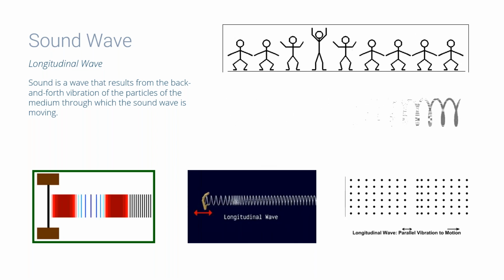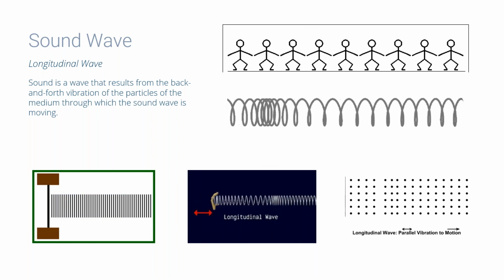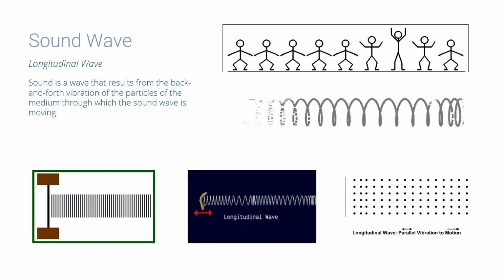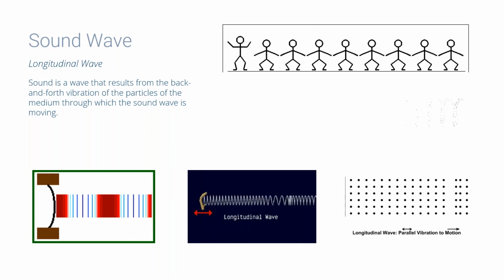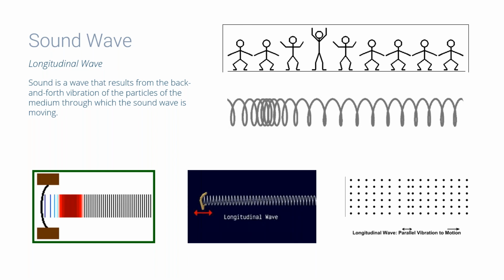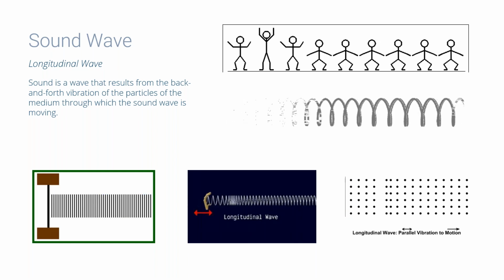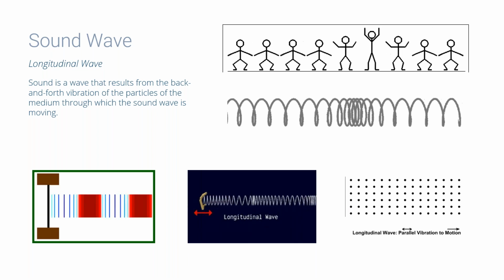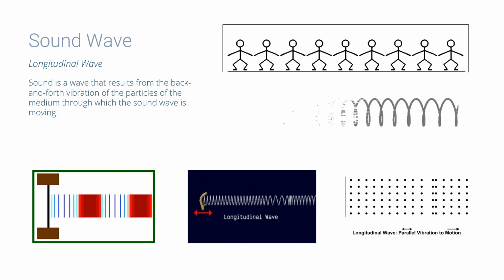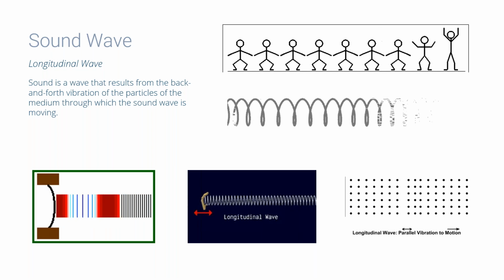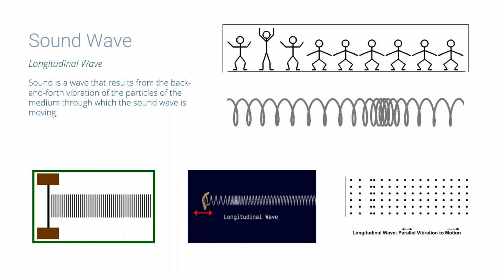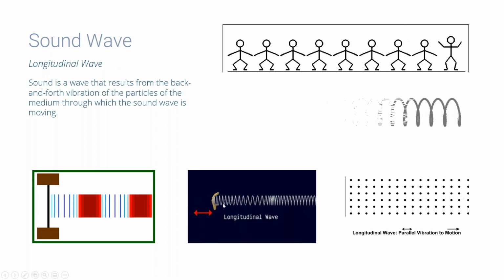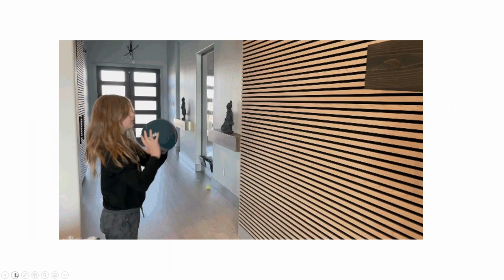And it keeps doing this until it reaches your ears, and it actually vibrates your ear canal, and that's really how you can hear, right? So this is sort of what's happening anytime we're talking in a space: the sound wave is moving through the air. That's the imagery you can think about.